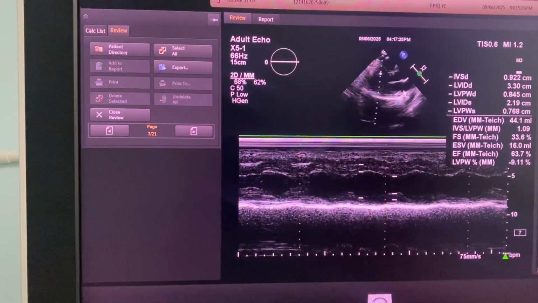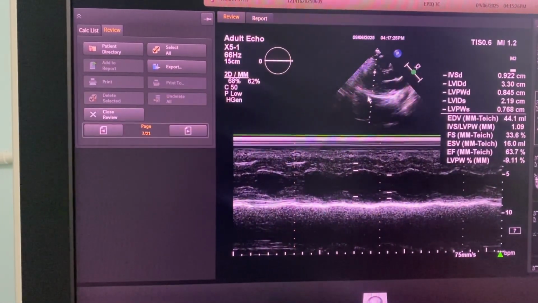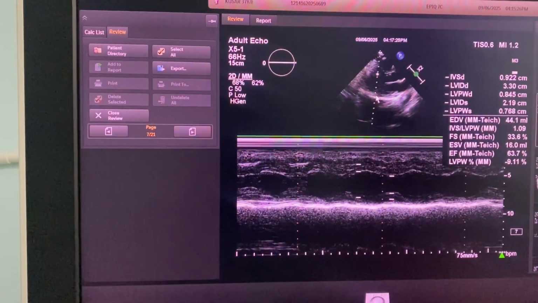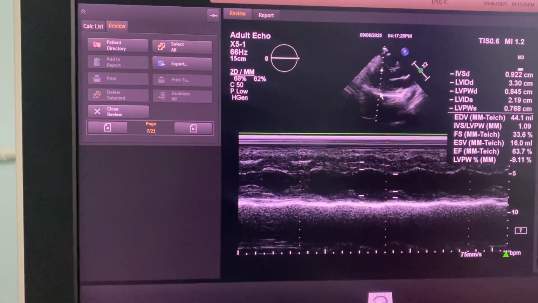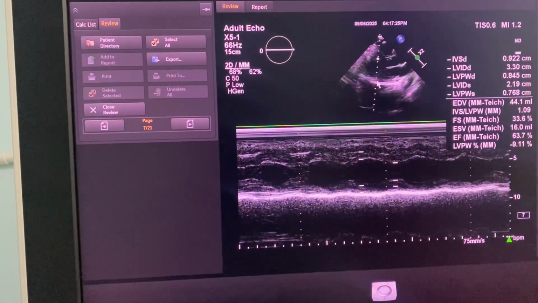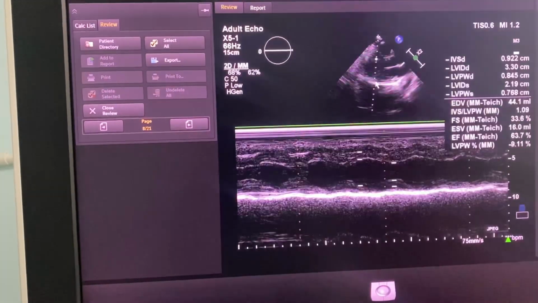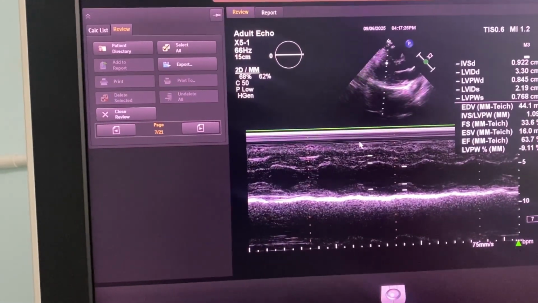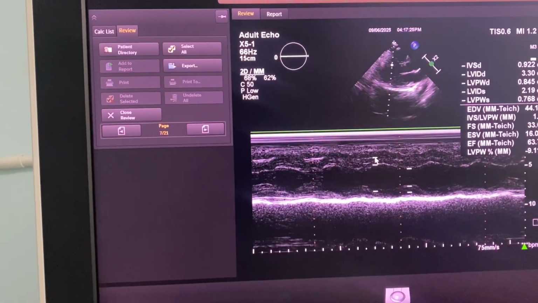This is the parasternal short axis at the level of the papillary muscle, and we are measuring the dimensions of the interventricular septum and the LV cavity in diastole and in systole. From here we can get the ejection fraction.